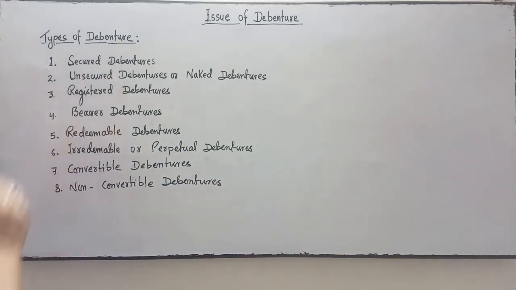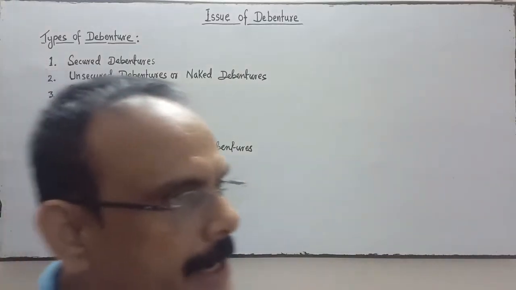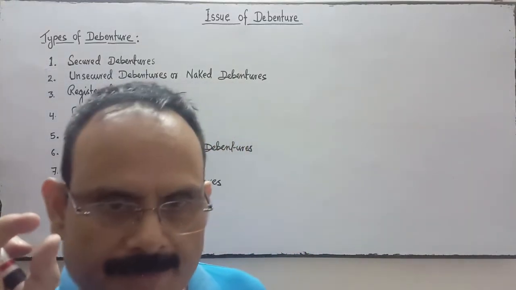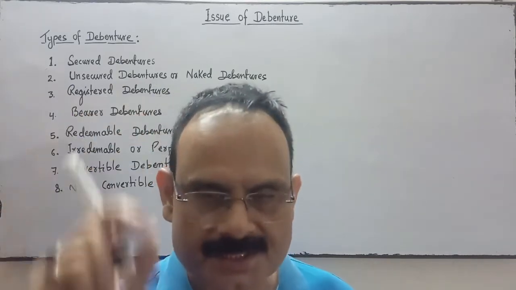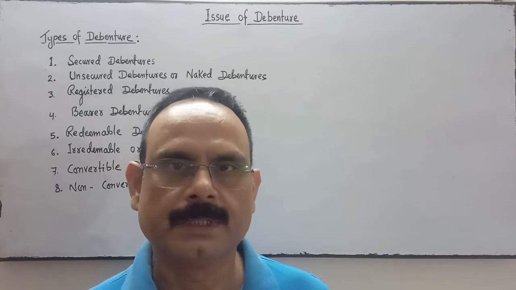Next is the registered debenture. In the registered debenture, the name and address of the debenture holder is registered in the register of debenture holders.